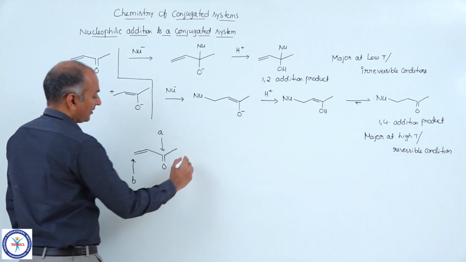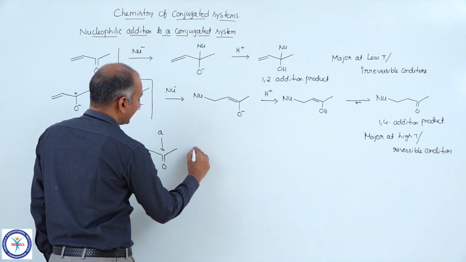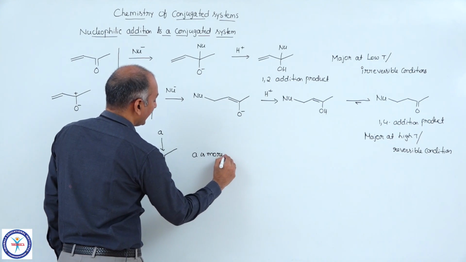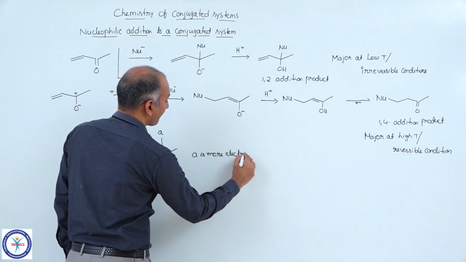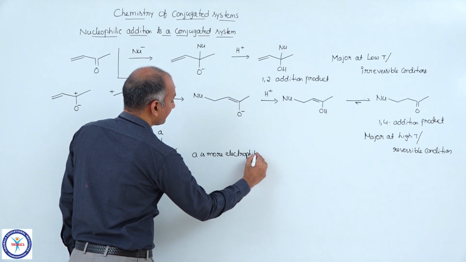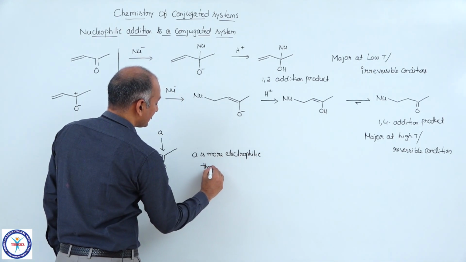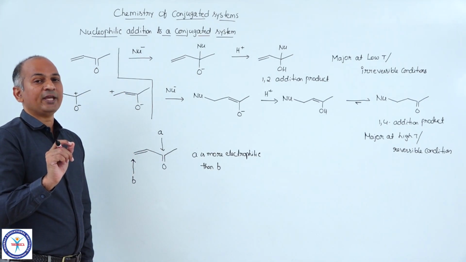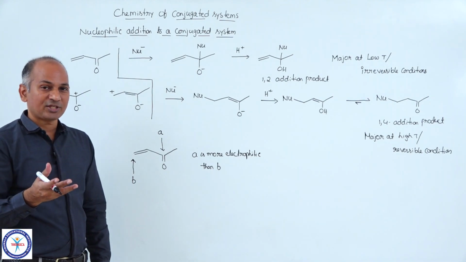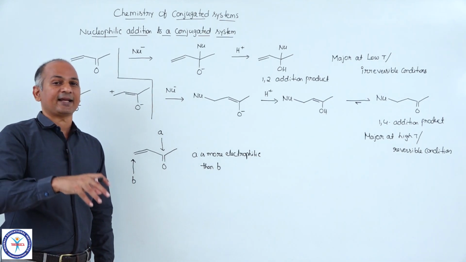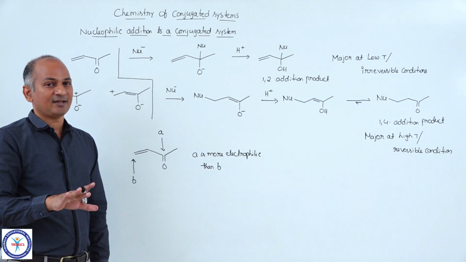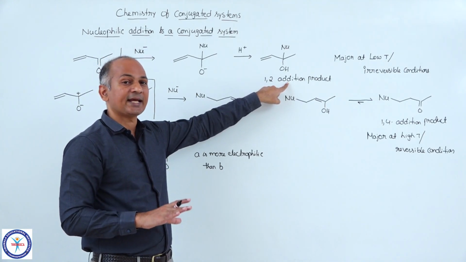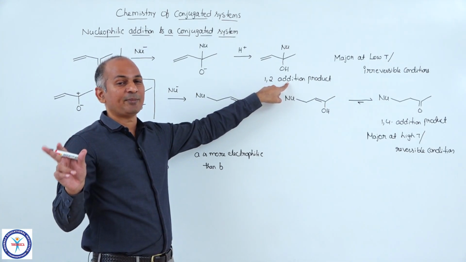It is A. So the first important point here is A is more electrophilic than B. That means on carbon 2, the carbonyl carbon, we have the greater magnitude of the partial positive charge. So the nucleophile is readily attracted, with lesser activation energy. So the 1,2 addition path involves lesser activation energy, similar to the previous topic.